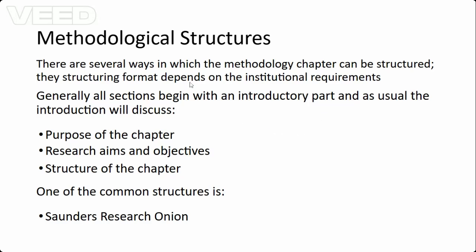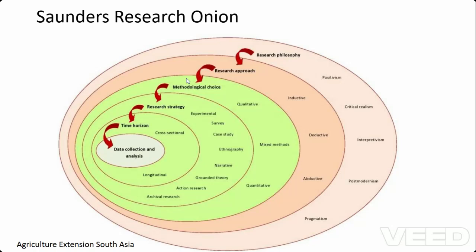So the research onion. I adopted the Agriculture Extension South Asia diagram, which shows the research onion. You can relate it to the real onion in your kitchen, which has circular patterns, going from a higher level to the lowest level of your research.